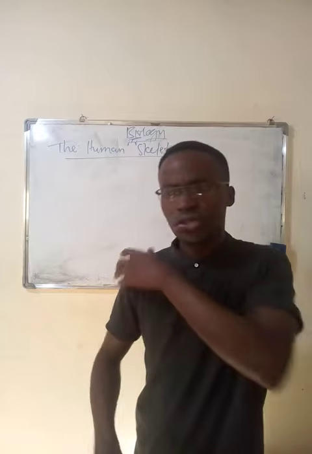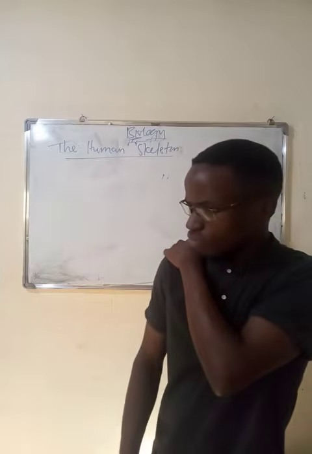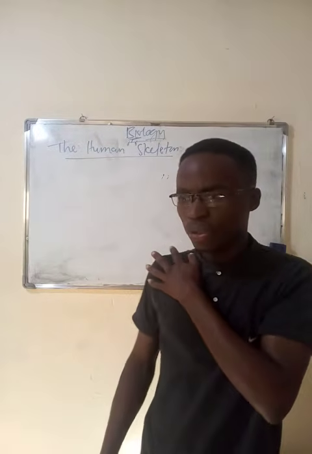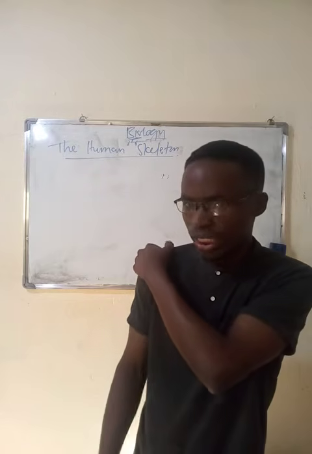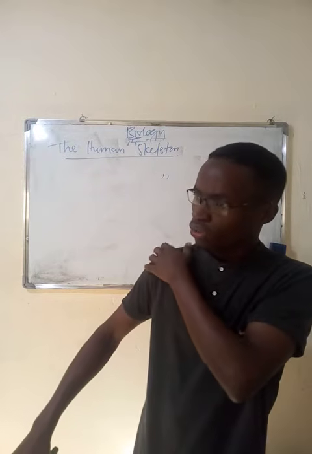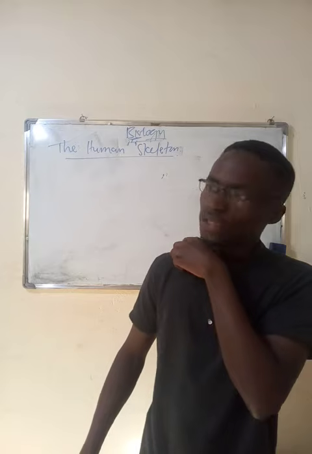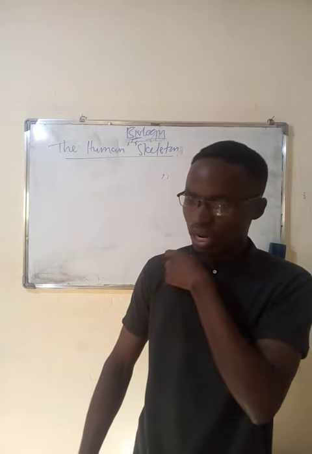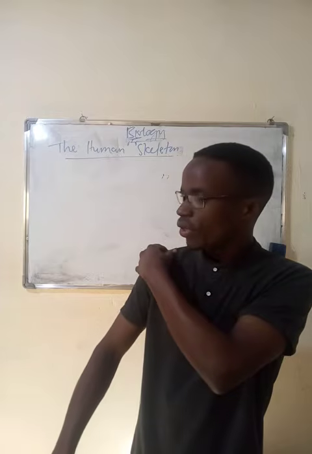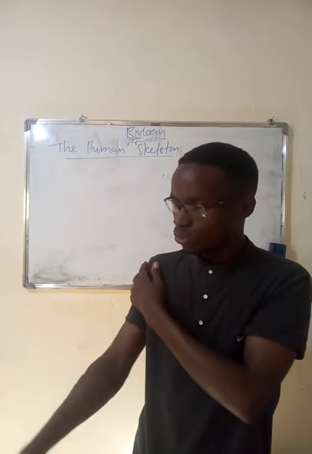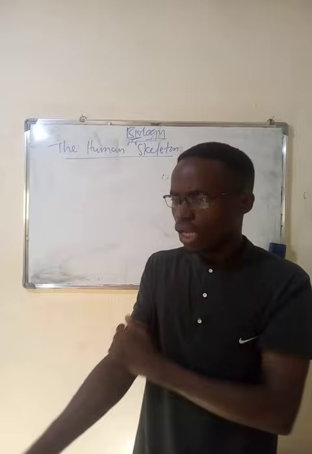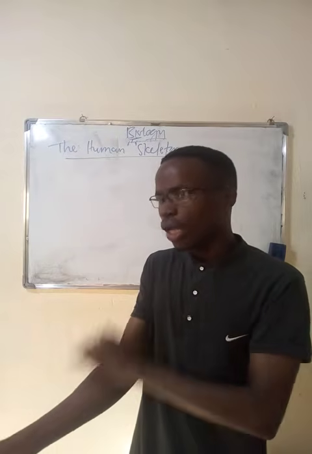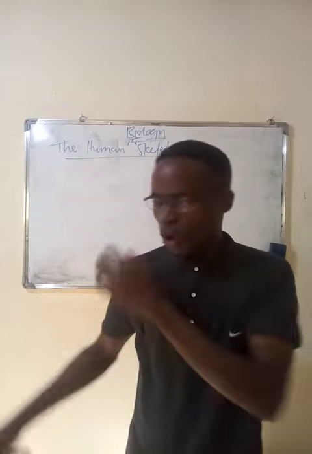So you talk about things like the pectoral girdle, the shoulder that is, together with the scapula and the clavicle, and then you go to the humerus, and then you have the ulna and the radius, on both sides, right?